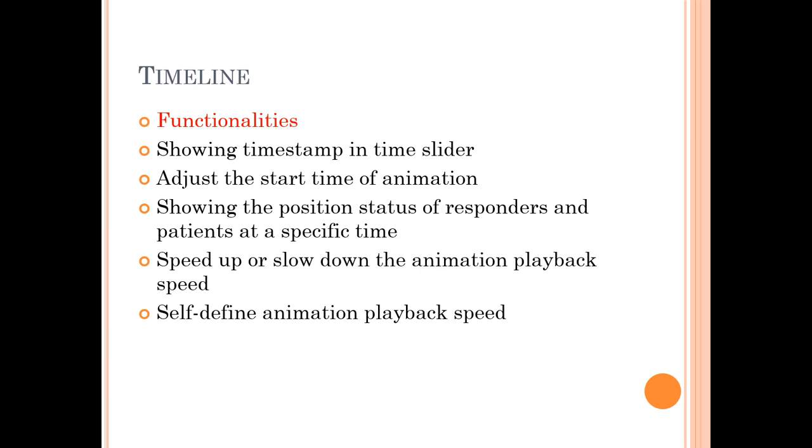Now let's take a detailed view of the timeline. The functionalities achieved by the timeline includes 5 parts. I will introduce this one by one. The first part is to show the timestamp in the time slider.